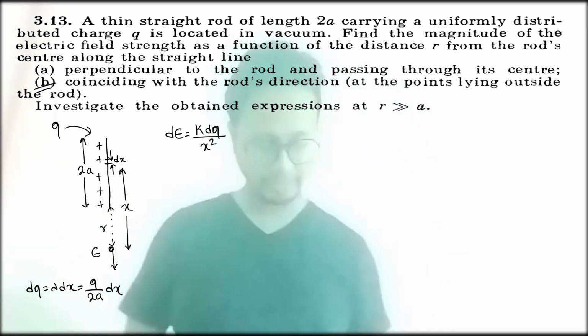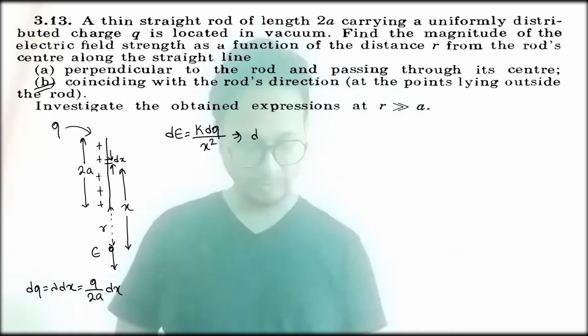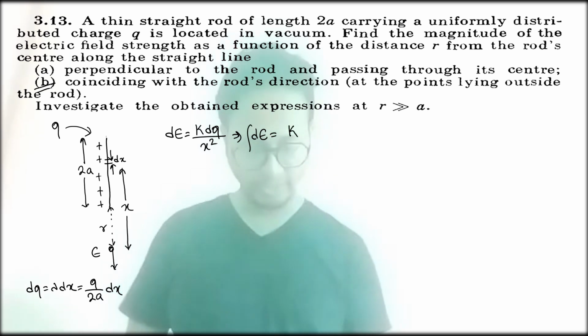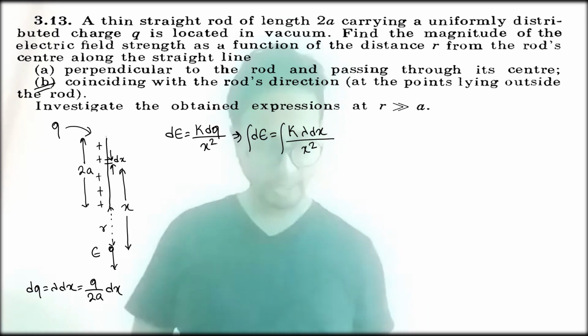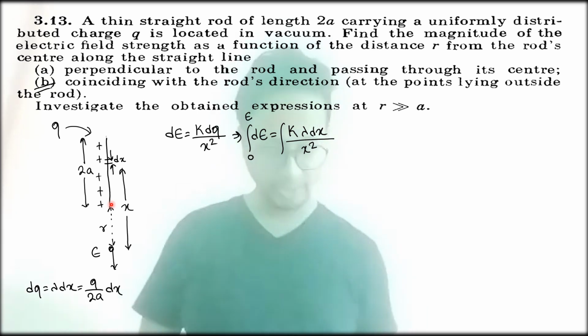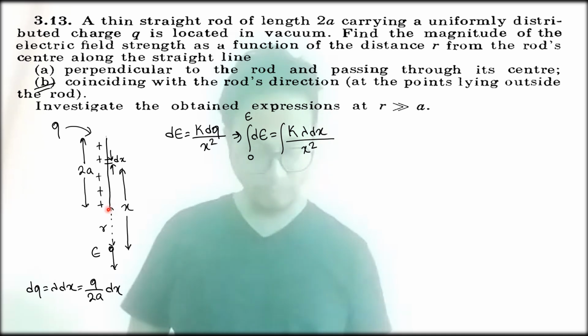So dE, or net electric field, is equal to k, lambda into dx divided by x square, isn't it? Now, what are the limits of integration? What is the starting point? The starting point is out here.